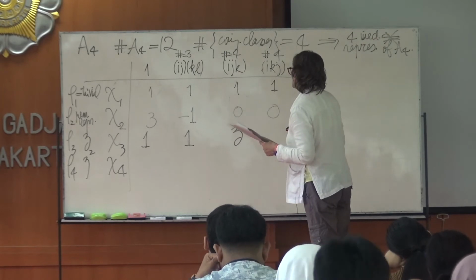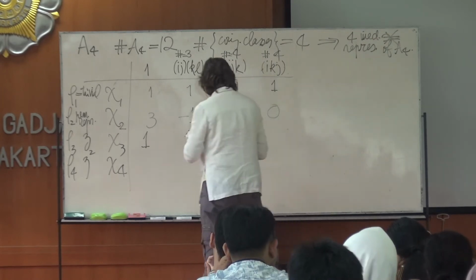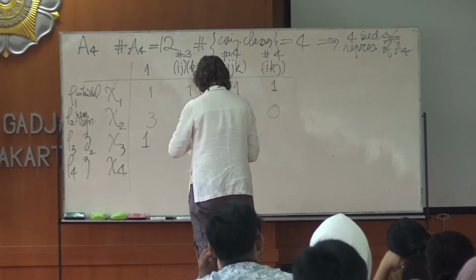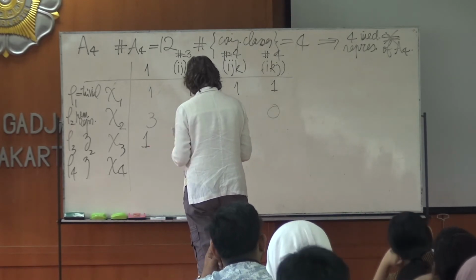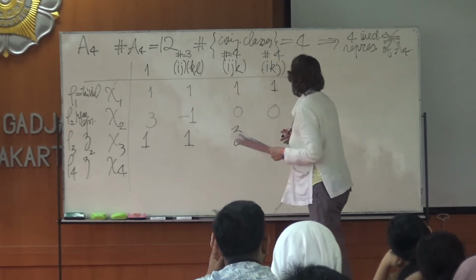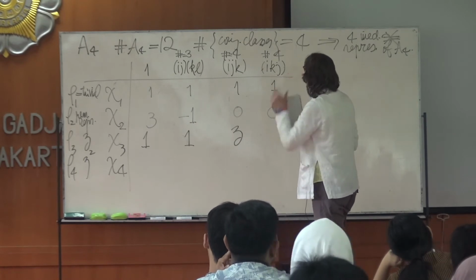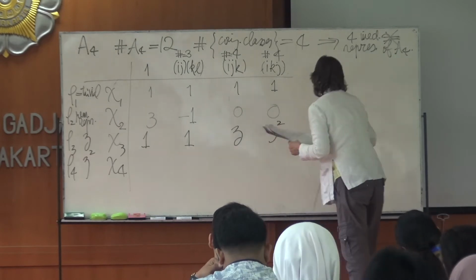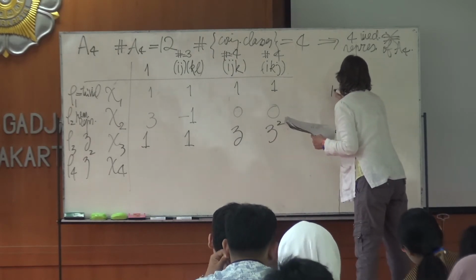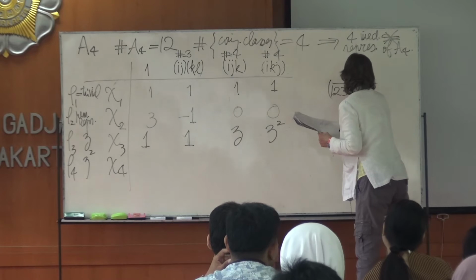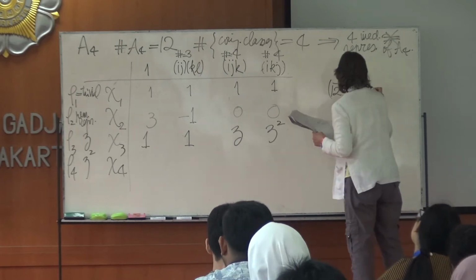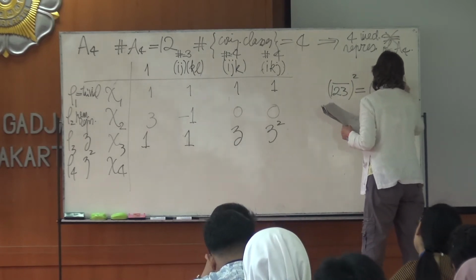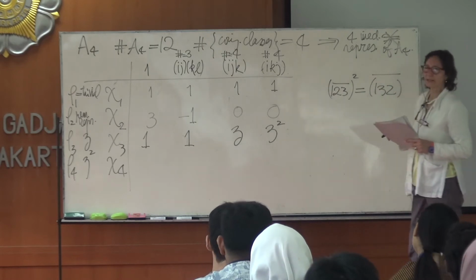And here, no, I made a mistake. Okay, oh yes, it's z, and on the other one it is z squared, because the class of (1 2 3) squared ends up in the class of (1 3 2).